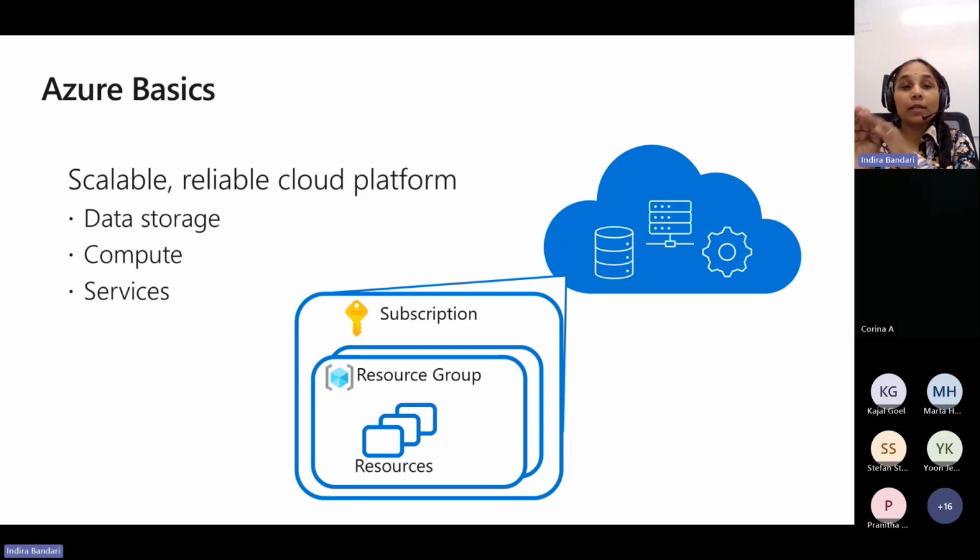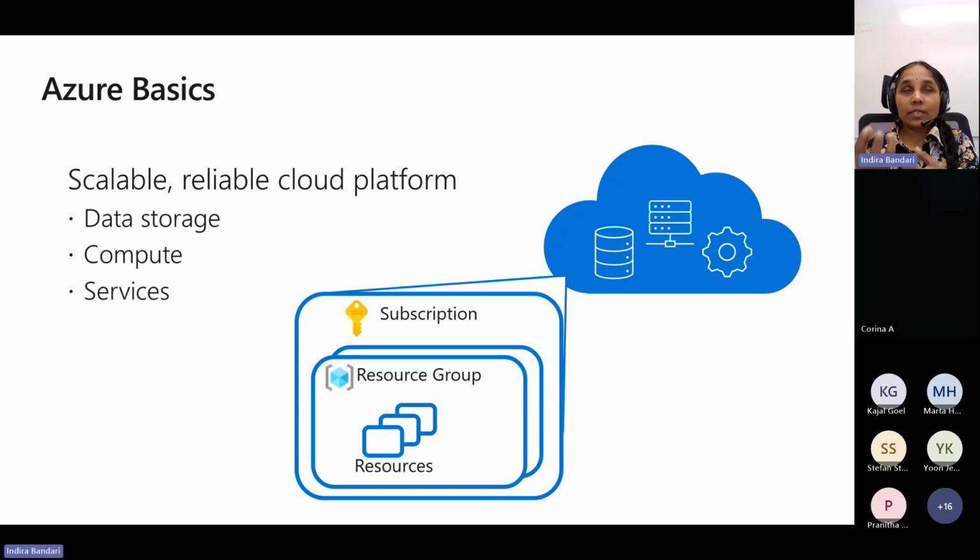In Azure, or any cloud-based platform, data storage and compute are different services. You will hear the word compute a lot, because compute is like the system power.